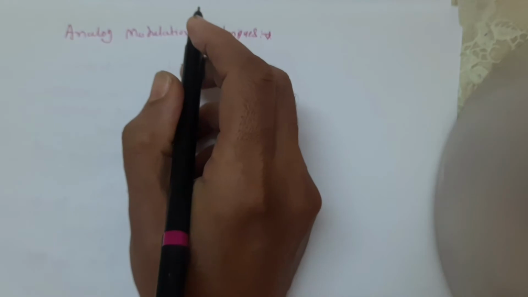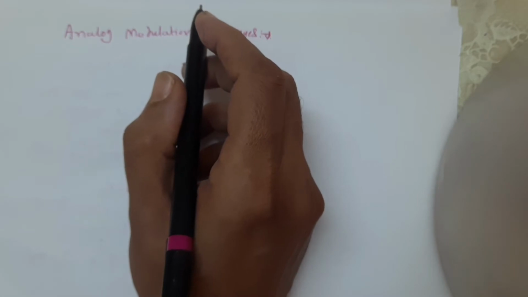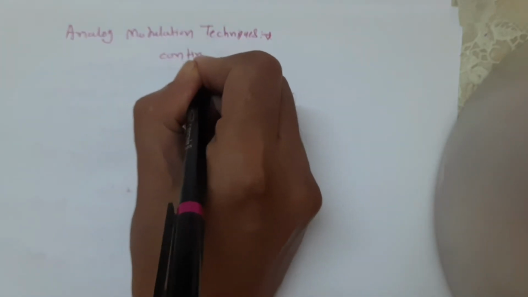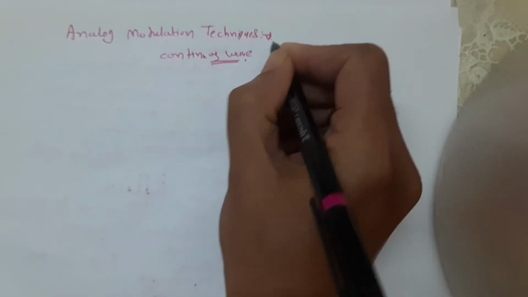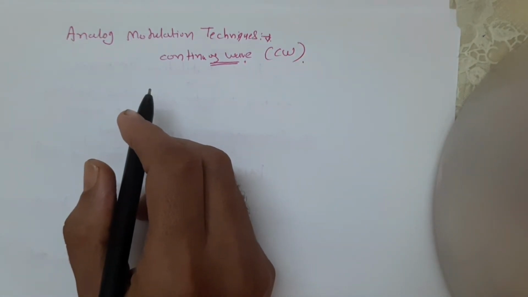The sine wave is used as the carrier signal, then the sine wave values are defined for all instants of time, and hence analog modulation is also named as continuous wave modulation.